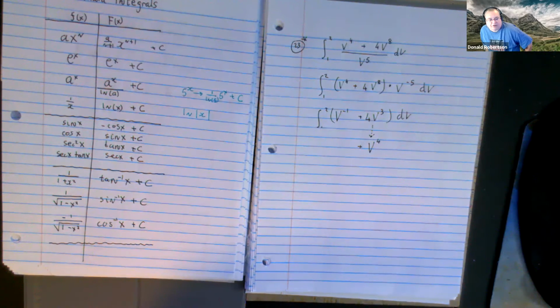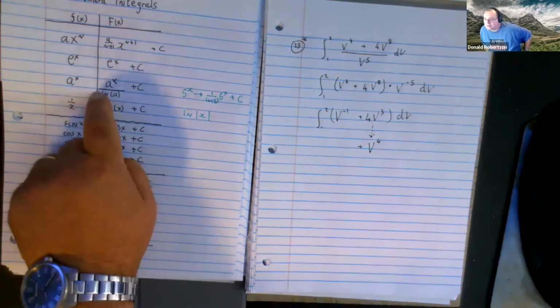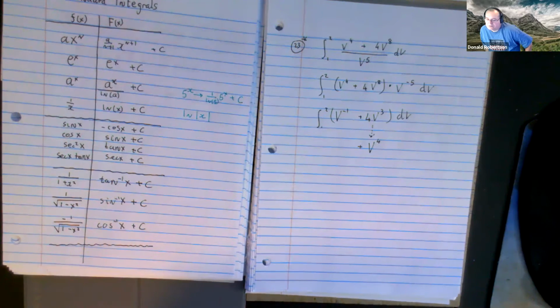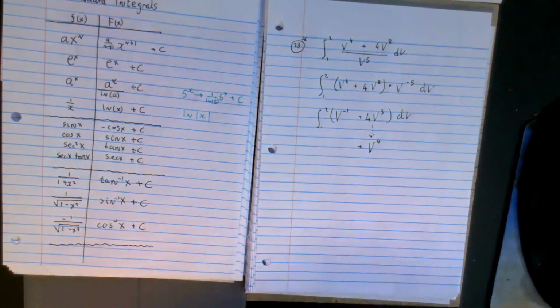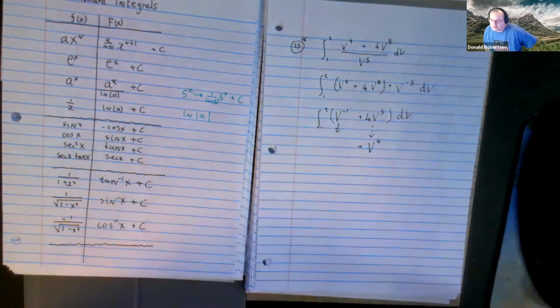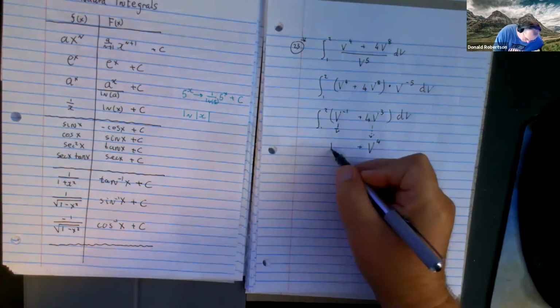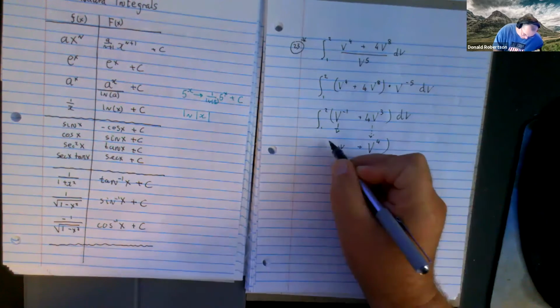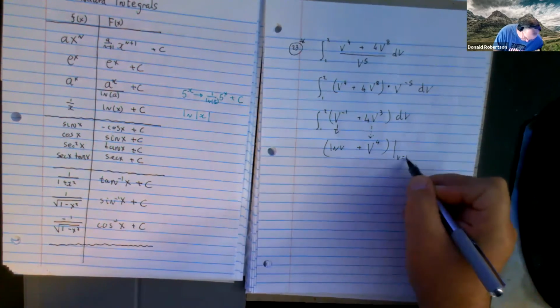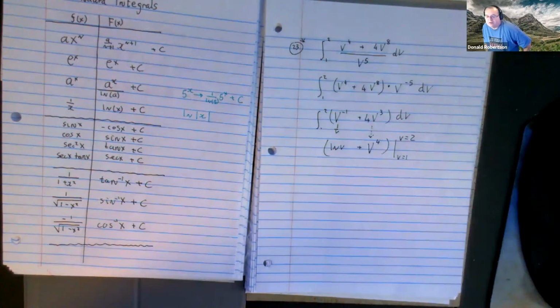What is v to the negative 1 better written as so that we can use one of these guys over here? 1 over v. So when you write it like that, doesn't this now become the natural log of v? And now we've successfully completed the antiderivative part. Sometimes this happens. I didn't really know that was going to happen until later on.